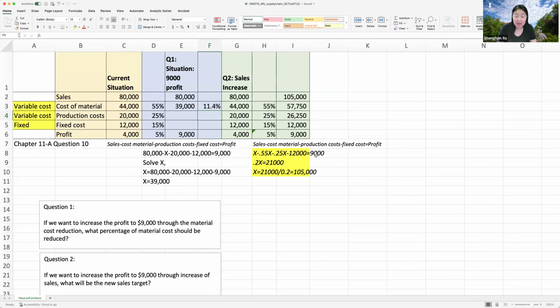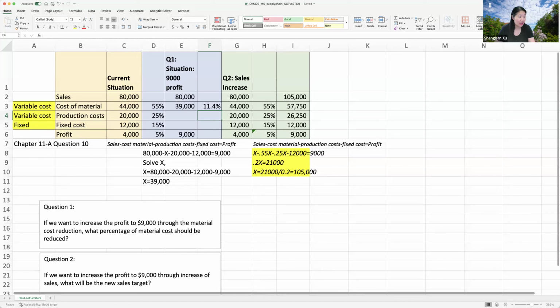This should give me $9,000 as a profit. So I rearrange it and then solve for X, and X should be 105,000. And you can do all those calculations in Excel. I hope this helps, and let me know if you have more questions, okay?